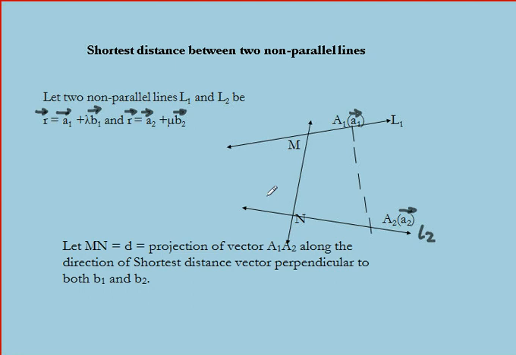is L1 and L2, and is equal to the magnitude of the projection of the vector A1A2 along the direction of the shortest distance vector, that is along the vector which is perpendicular to both b1 and b2.